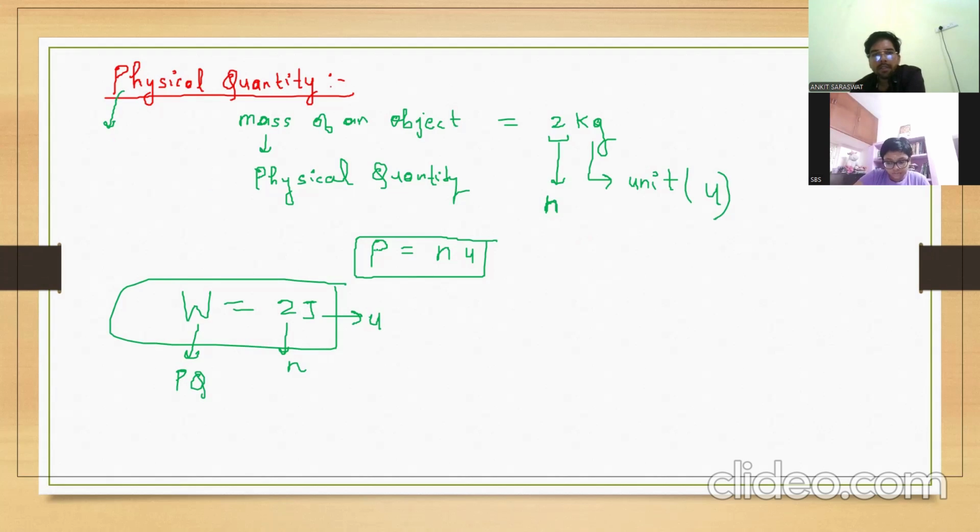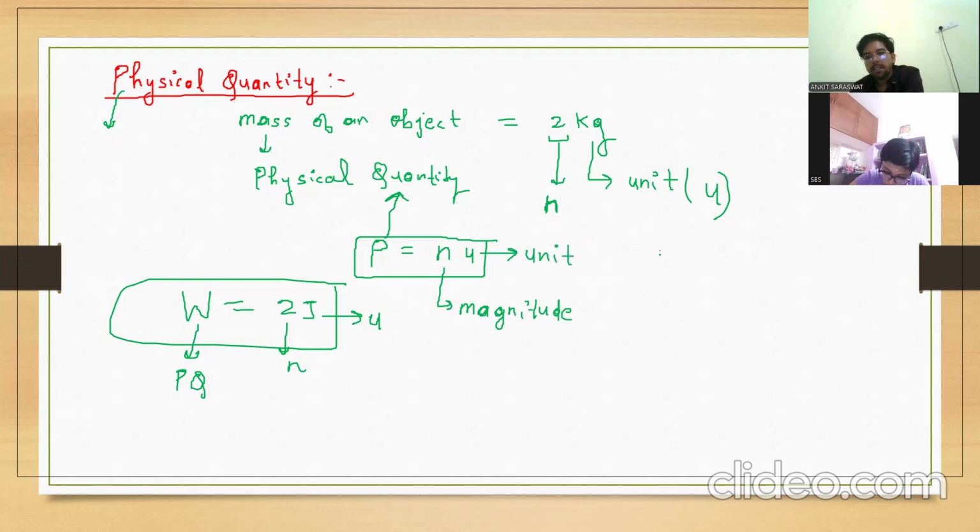For example, P is a physical quantity. It can be expressed in terms of its magnitude and its unit. U is a unit.